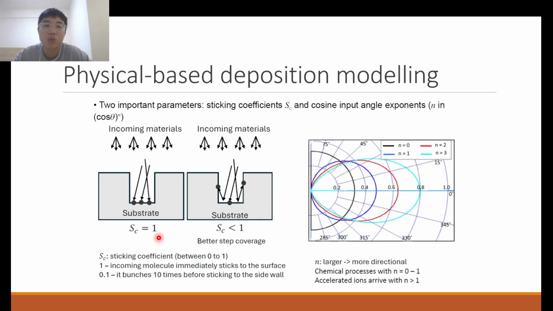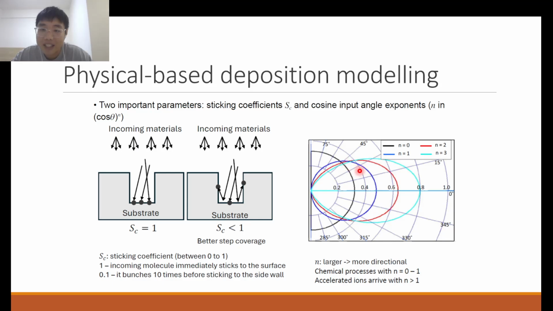If SC equals 1, the incoming species arrive on the surface and stick. If your SC is less than 1, the incoming species land on the surface, they can bounce around or diffuse around, move around your surface before they settle into their final positions. For example, if SC is 0.1, that means your species can move around 10 times before sticking to a certain position. Then what about N?